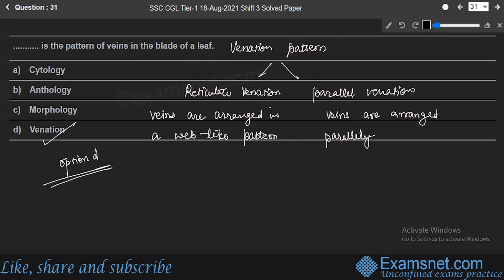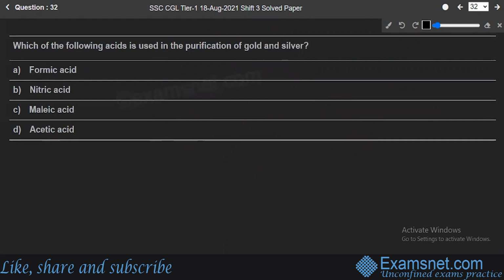Next, question number 32. Which of the following acids is used in the purification of gold and silver? Is it formic acid, nitric acid, maleic acid, or acetic acid? Well, nitric acid is used in the purification of gold and silver, that is HNO3.